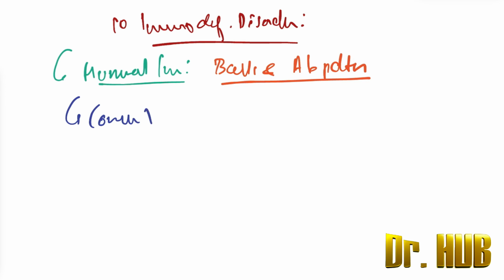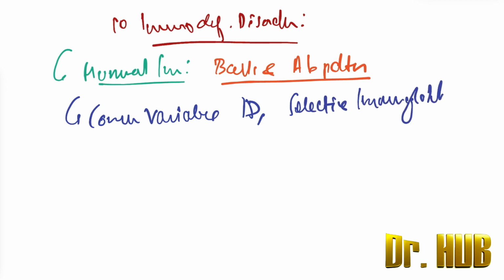There is common variable immunodeficiency. Then there is selective immunoglobulin deficiency. What does it include? It includes IgA deficiency. Next, there is also transient hypogammaglobulinemia of infancy.